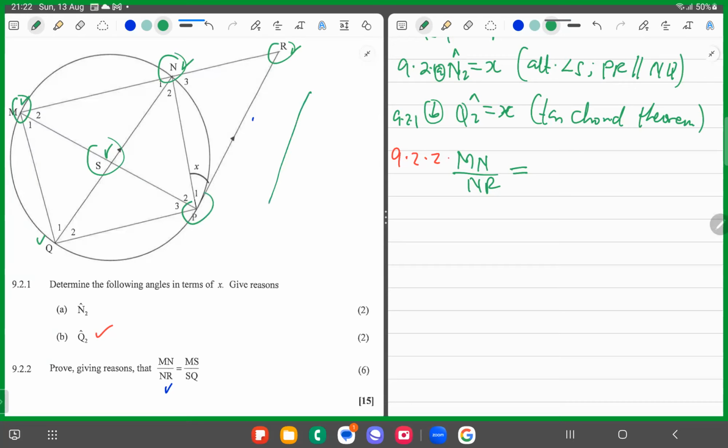Okay, this is a theorem like this. So we use this theorem, for example.